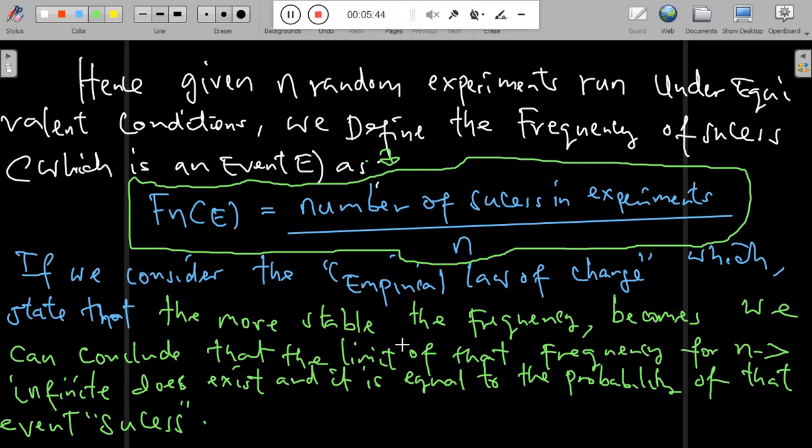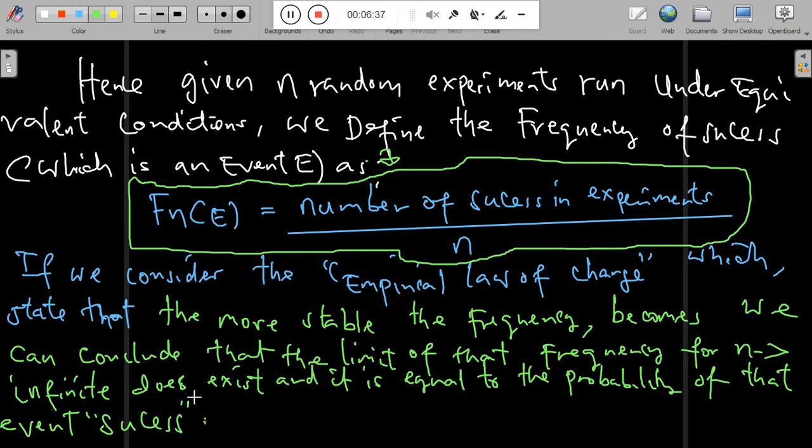We consider the empirical law of chance, which says that the more stable the frequency becomes, we can conclude that the limit of the frequency, for n going to infinity, exists and is equal to the probability of that event of success. So under this approach, the probability of an event is given by the number of successes in the experiments over n, as you observe.